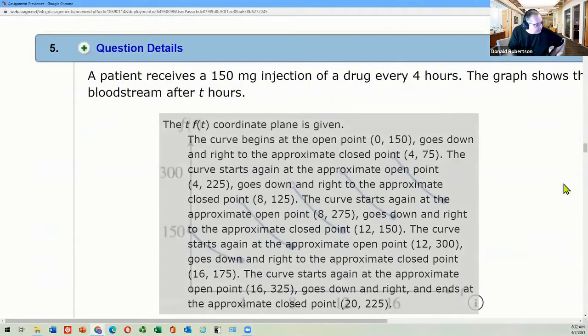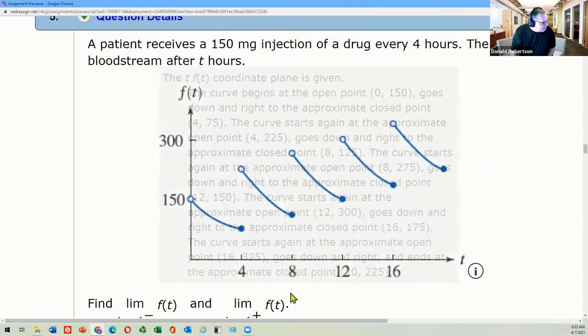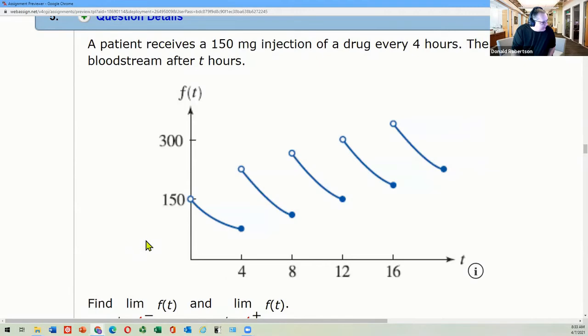Right, here's a weird looking piecewise function. It's really just weird. It's not different. What's the left limit as t tends to 12? $150. Yeah, I'm beginning to change my mind here. Okay. There's 150.